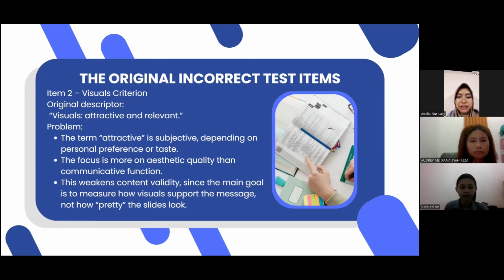Second, the focus is more on aesthetic quality than the communicative function of the presentation. And third, it weakens content validity, since the main goal of the presentation is to measure how visuals support the message, not how pretty the slides look.